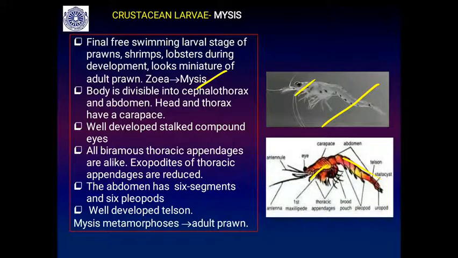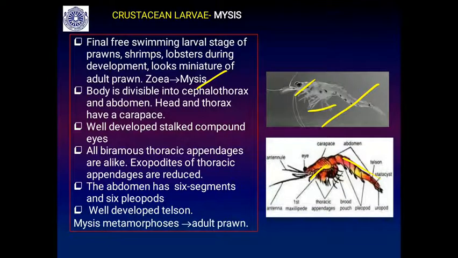You can see they have biramous appendages, and all the biramous thoracic appendages are alike. They are not modified into maxillipeds or distinct walking chelate and non-chelate legs. They are alike, and little reduced.